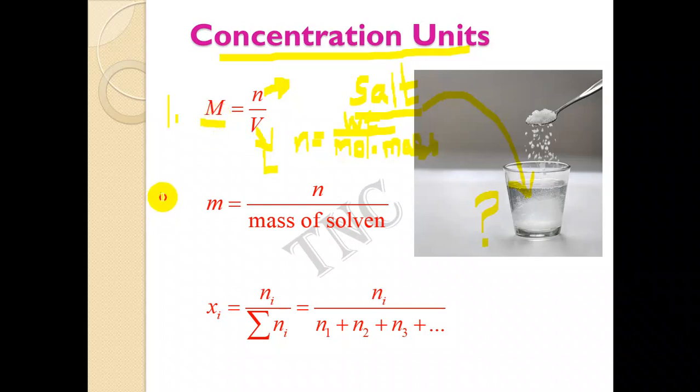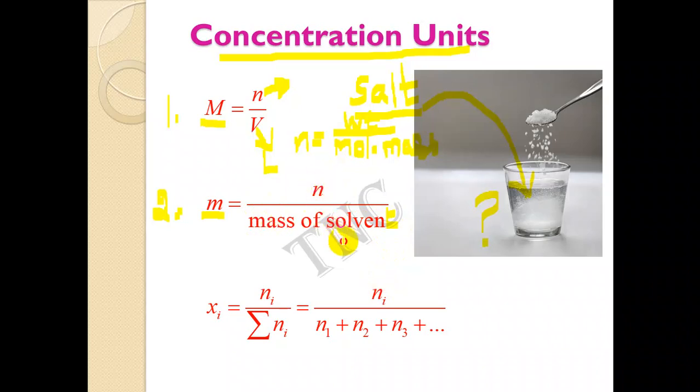The second concentration term, which we also frequently use in the chemistry laboratory, is molality, which is indicated by a small letter m. Molality is equal to the number of moles of solute divided by the mass of solvent. Again, you know how to calculate the number of moles.